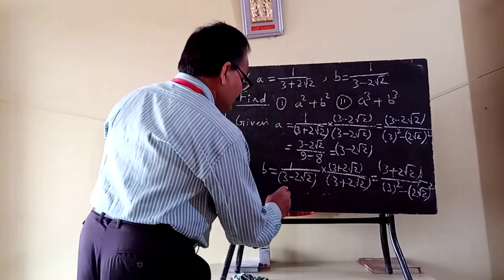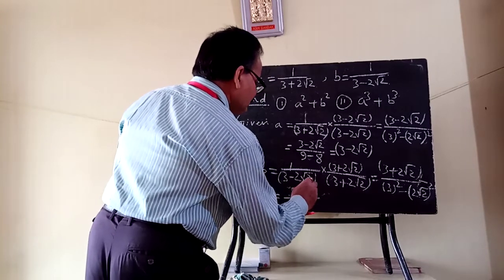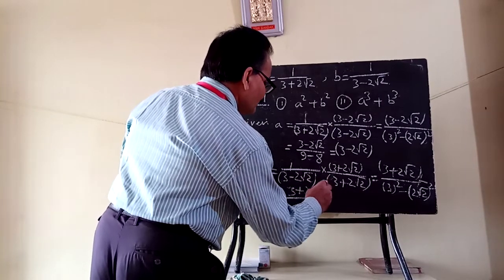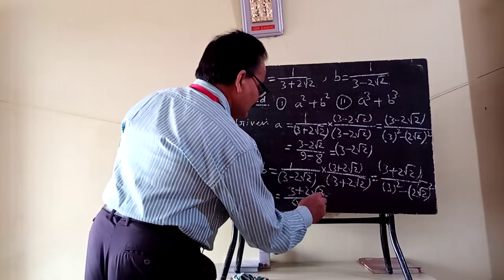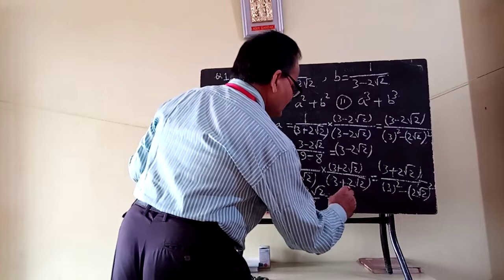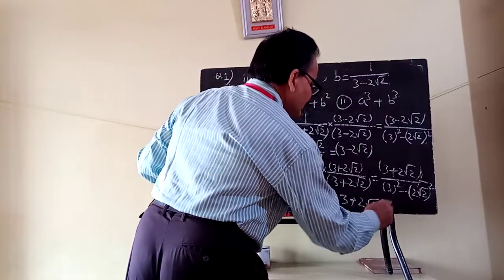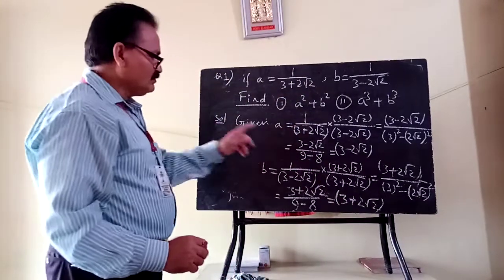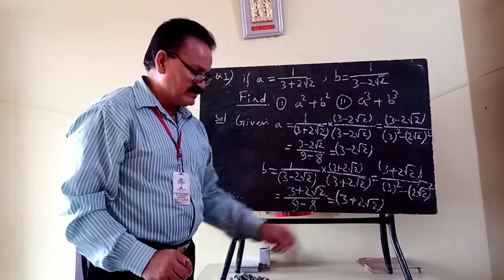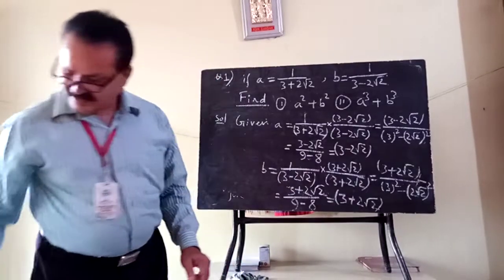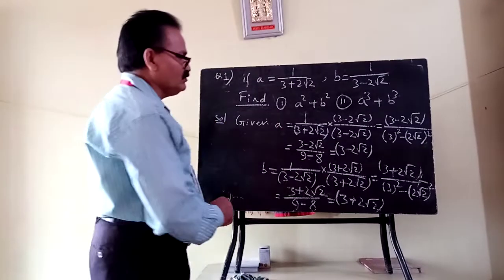In the numerator it is 3 plus 2 root 2, and in the denominator it is 9 minus 8, so this is 1. So 3 plus 2 root 2 is the final simplest value of b, and 3 minus 2 root 2 is the simplest value of a. Now for finding, first question is a square plus b square.